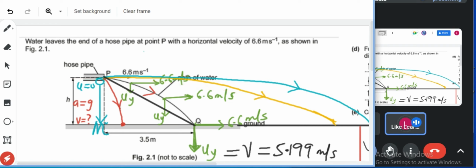I told you, imagine the fighter jet was just hovering, not moving. Are you listening to me? Yes, I am. If the fighter jet was just hovering, not moving, and then the bomb was just dropped, free fall, it will take the same time as if the fighter jet was moving and went through this trajectory, or moving faster and went through this black trajectory, or moving much faster and went through this yellow or even the blue one.